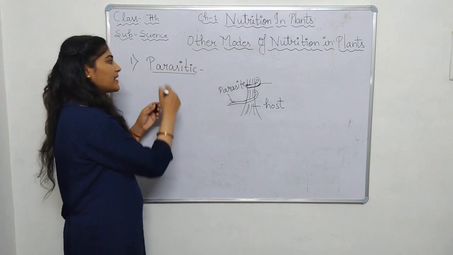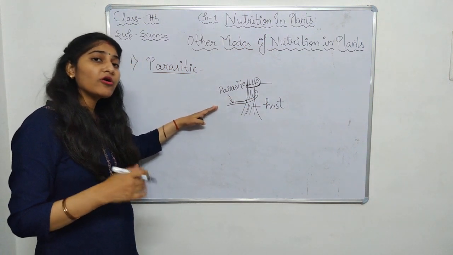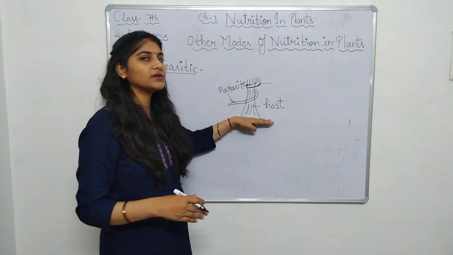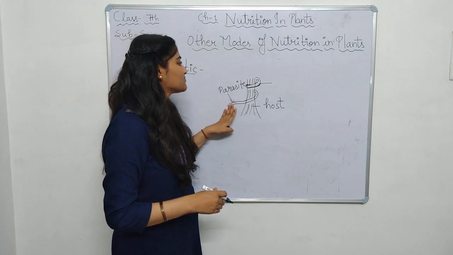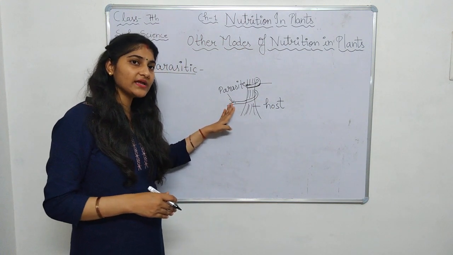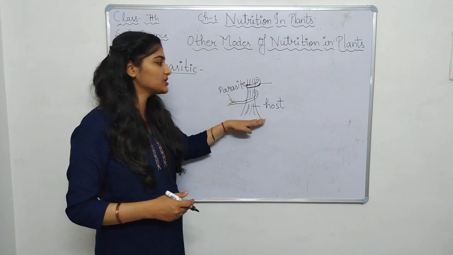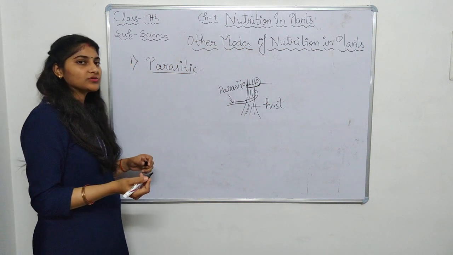Hence, in parasitic mode of nutrition, the plant cannot prepare its food, so it depends on another plant to take its nutrition. So these plants are called parasites, and the plants from which they gain their nutrition are called the host plant. I hope you understood this.